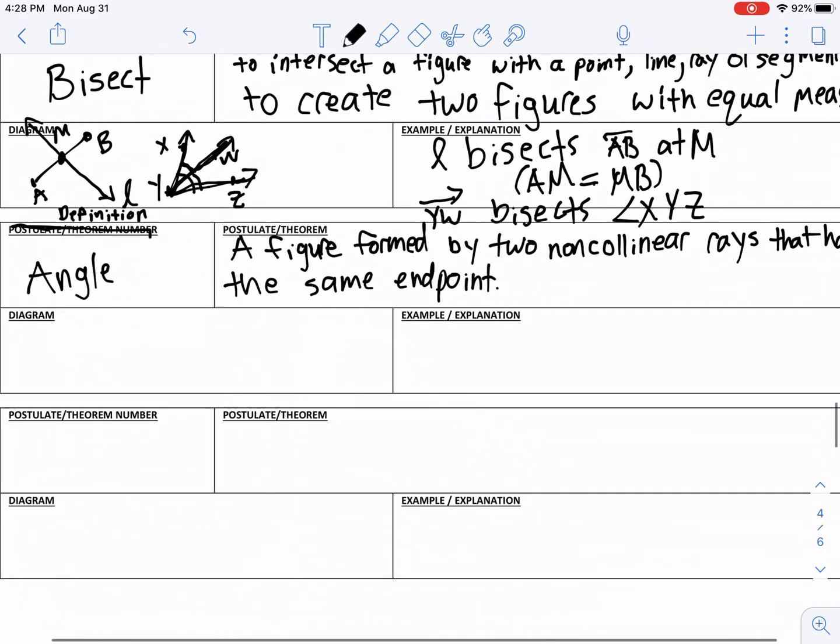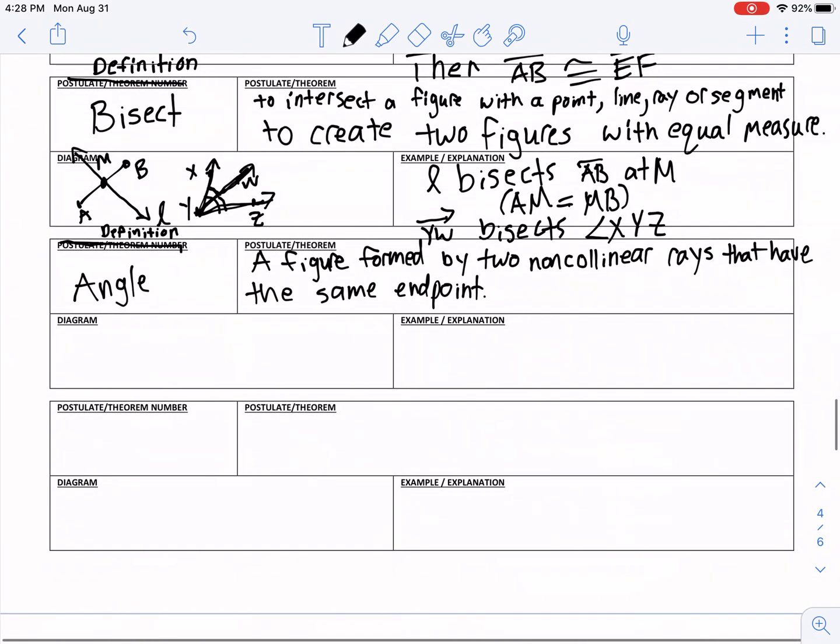Okay, so again, if you need to hit pause and copy this down, then we'll continue on. It says it's a figure formed by two non-collinear rays, so rays that do not lie in the same line, but they do share an endpoint.